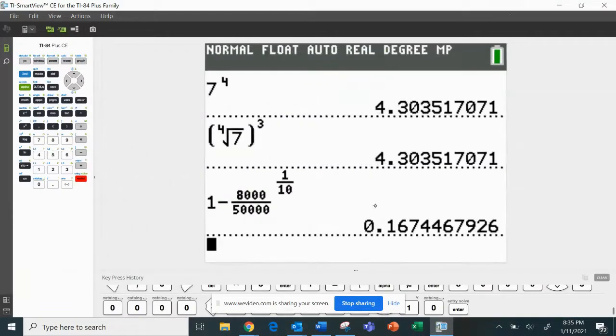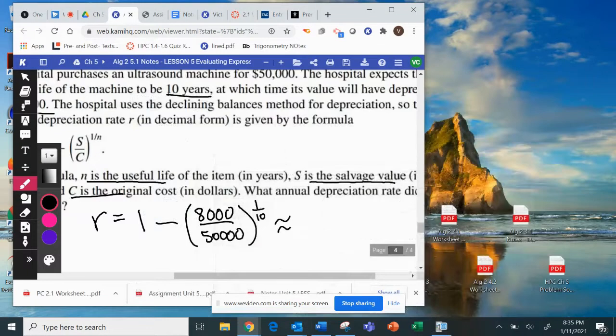Now, this is a decimal value that is a rate. And our rates are like percentages. This is the decimal value. So 0.1674.